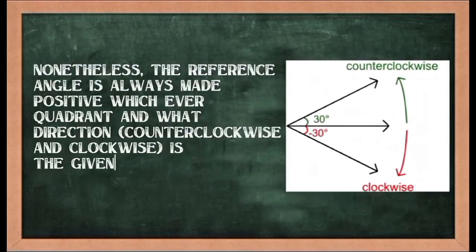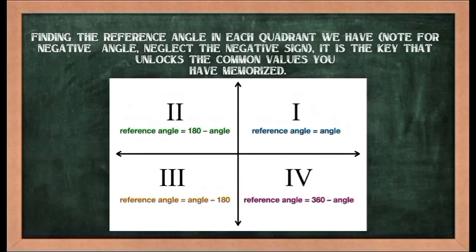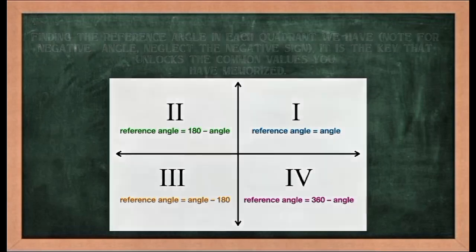Nonetheless, the reference angle is always made positive, whichever quadrant the given angle is in, and whether the direction is counterclockwise or clockwise. Finding the reference angle in each quadrant, note that for a negative angle, neglect the negative sign. It is the key that unlocks the common values you have memorized.